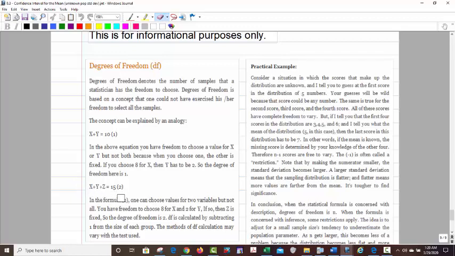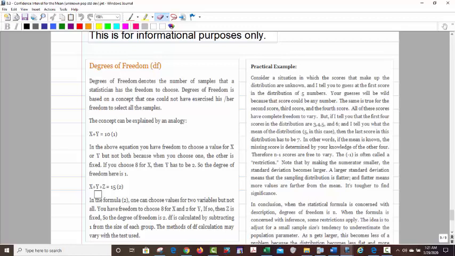But if you have x plus y plus z, 3 variables, and you know 2 of them, that means you have 2 degrees of freedom of choice, because you choose a value for X and Y. You can't choose Z. Z has to be whatever it is. So for example, if X was 3 and Y was 7, and I just made those up, I can't choose Z. Z would have to be 5 to make it equal 15. So you essentially had 2 degrees of freedom.